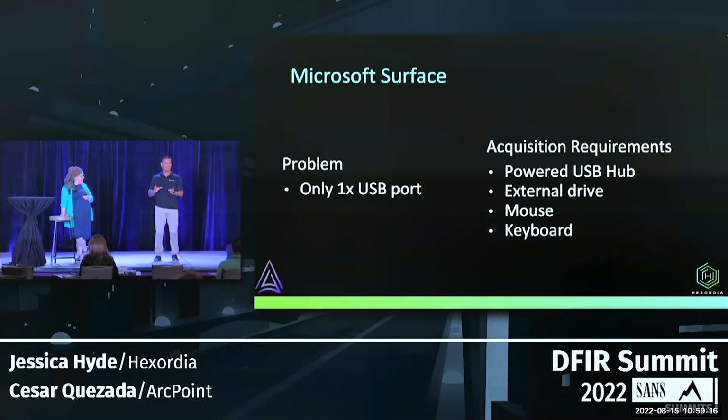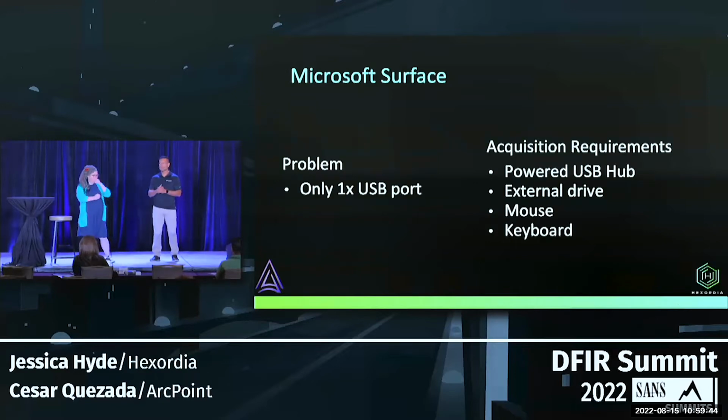It was a problem. But thanks to the community, and this is a very sharing community with all the parsers and tips and methodology, someone out there posted a walkthrough of how to image this device. So now we pretty much use this walkthrough today, right? We needed a powered USB hub, changing some settings in the security settings, external drive, keyboard, and mouse.